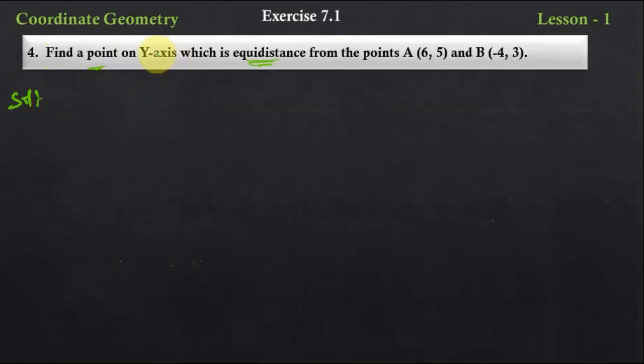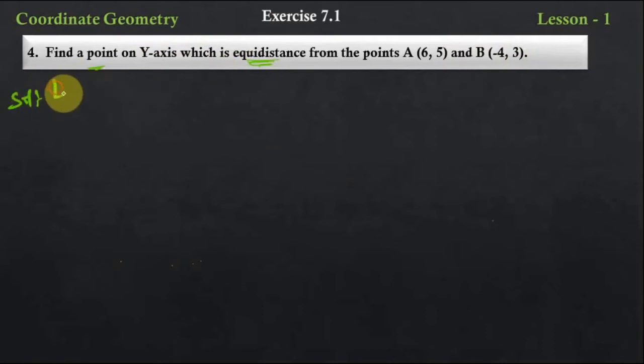See here, he is saying find the point on y-axis which is equidistant from the points A (6, 5) and B (minus 4, 3). Just now I said, point on y-axis means x coordinate will be 0.